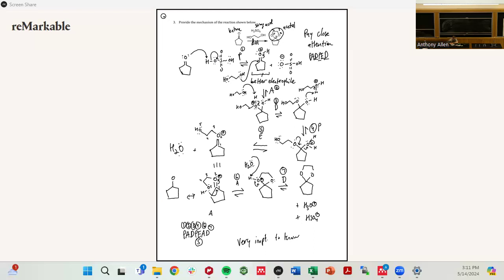Yeah, you could show it from here if you want. So if you had this resonance form, then you just don't need the second arrow, right? Either one.